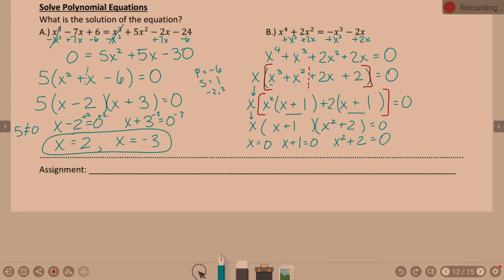Well, I got x equals 0. If it's x plus 1, we got x equals negative 1. What about that x squared plus 2?